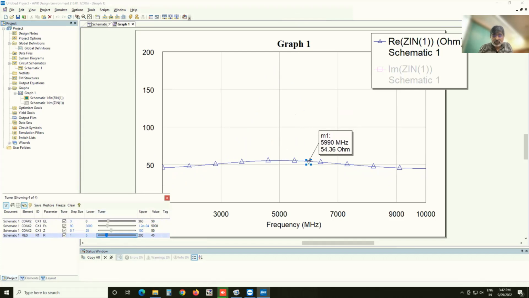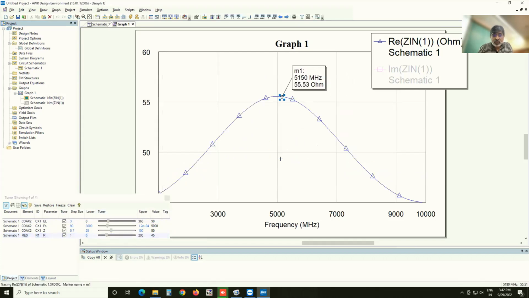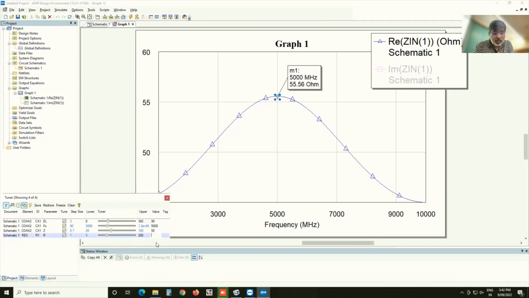Let's put this marker at 5 gigahertz. So we are at 55. Oh, sorry, I think I changed something wrong here. Sorry, let me just go back. So the resistor was 20 ohms.